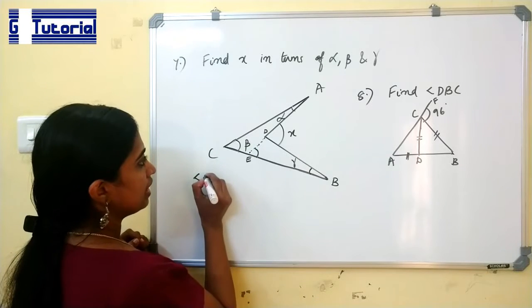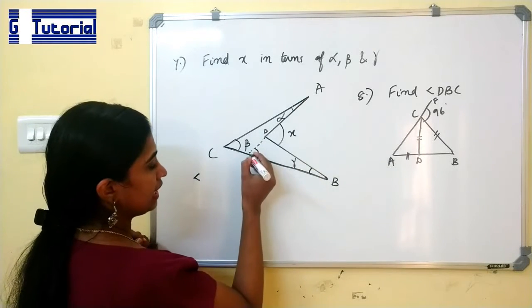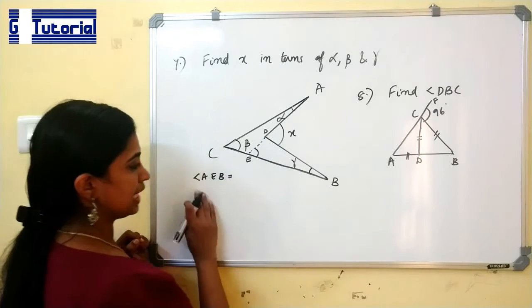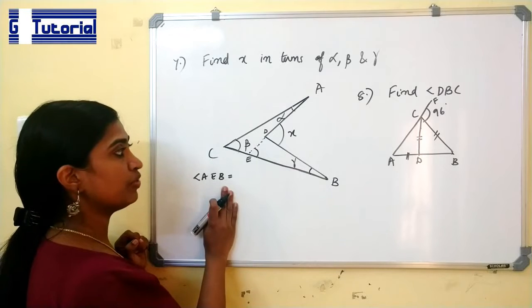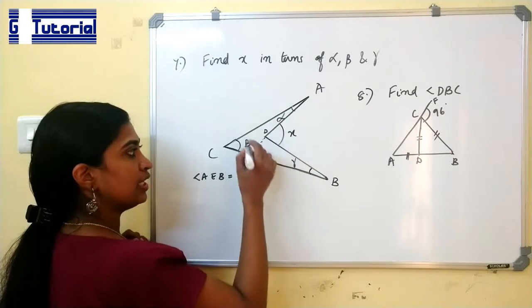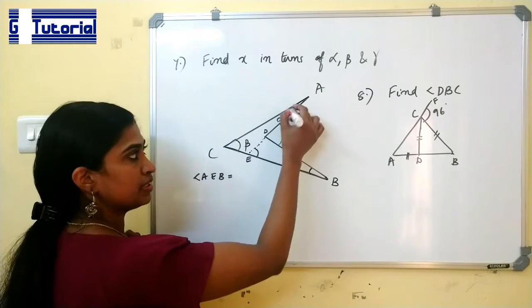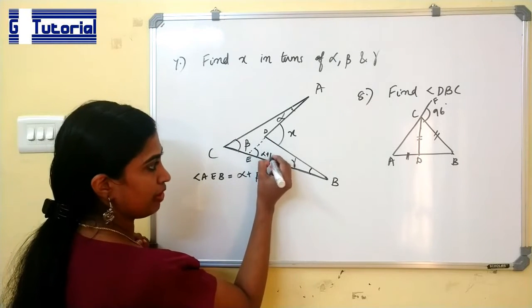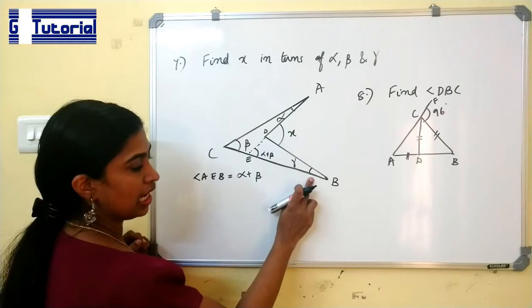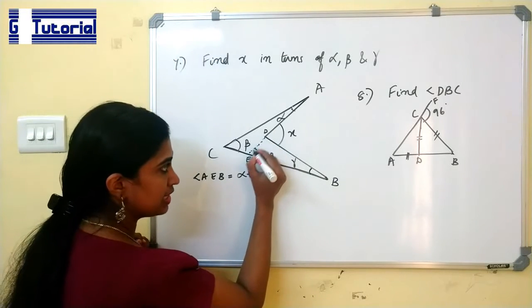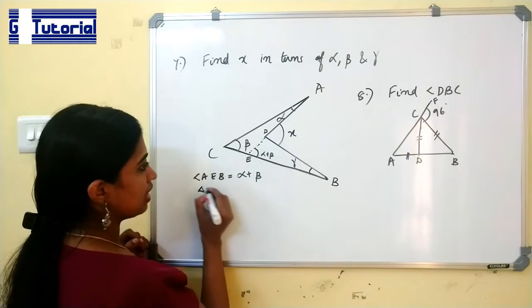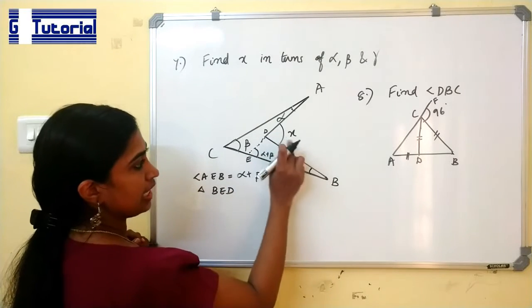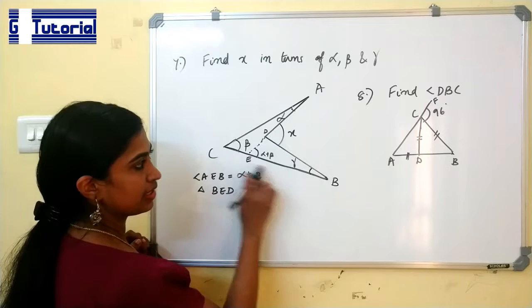So angle AEB will be equal to the sum of interior opposite angles. The interior opposite angles are alpha and beta. So alpha plus beta is this angle. This angle is gamma. And if we consider this triangle BED, x is the exterior angle for that triangle.